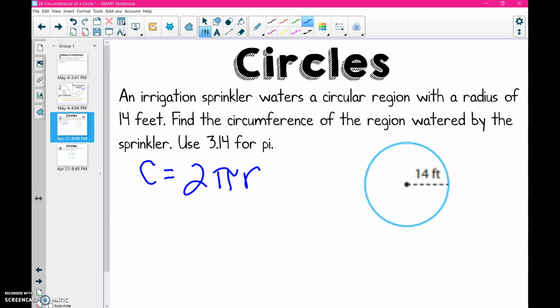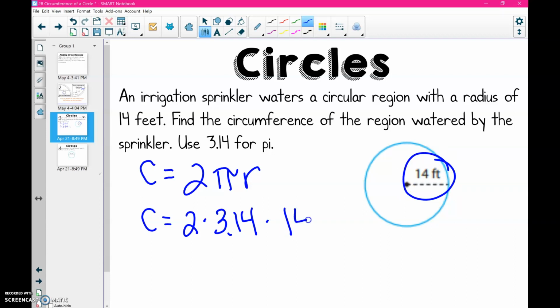We are going to be putting a number there, but it's not like a variable. That's just the number that is represented by that particular symbol, okay? So we're going to write it as C equals 2 times 3.14, because that's what we're using for pi. And then the radius is right here, given to us because it's only halfway across. That's why we're using the radius formula and not the diameter one.